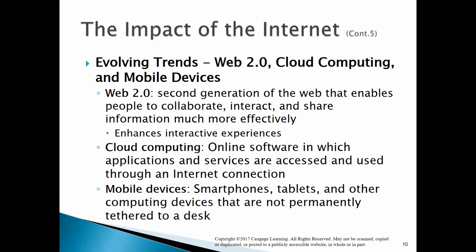Evolving trends: Web 2.0, cloud computing, and mobile devices. Web 2.0, the second generation of the web, enables people to collaborate, interact, and share information much more effectively. With Web 2.0, the major focus was collaboration, interaction, and information to be passed on and shared more and more easily and effectively. If you study Web 2.0, it is the generation of the web that introduced social media.